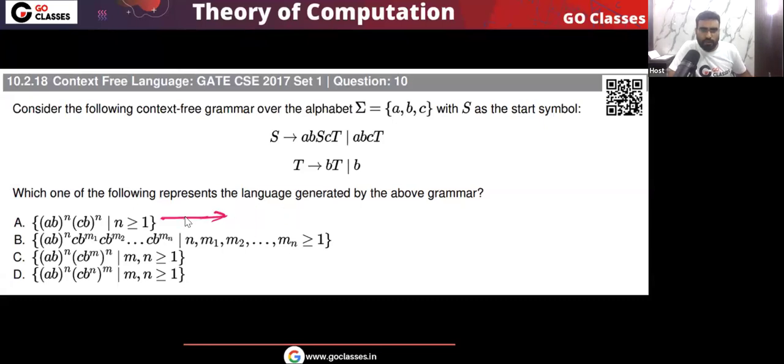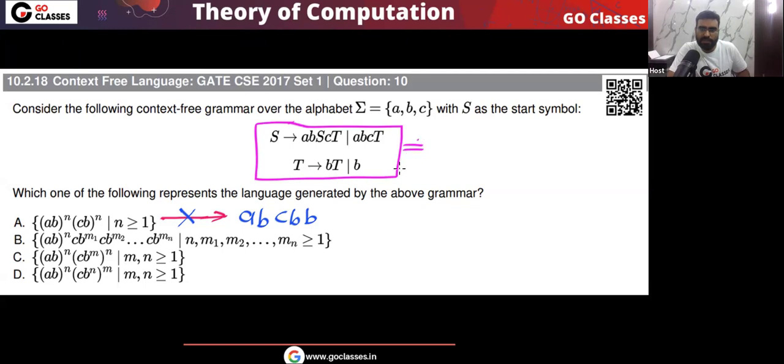Are you getting my point? From this option A we cannot generate, for example, this string: abcbb. Tell me, from the grammar can I generate abcbb? Let me check. From S I can go to absct, or maybe from S I can directly go to abct.